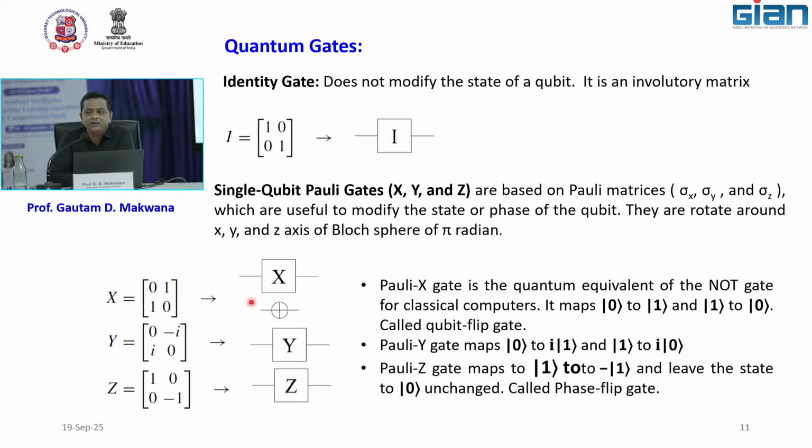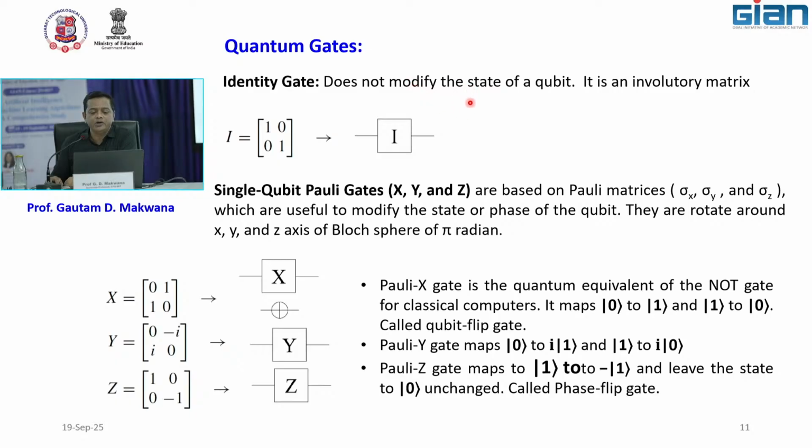Okay, so now, how are quantum gates? What are the quantum gates used for developing quantum processors? In digital circuits, we have the basic gates: AND gate, NOT gate, OR gate. In the same way, there are quantum gates. One is the identity gate, which does not modify the state of the qubit.